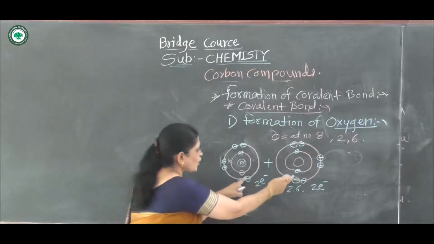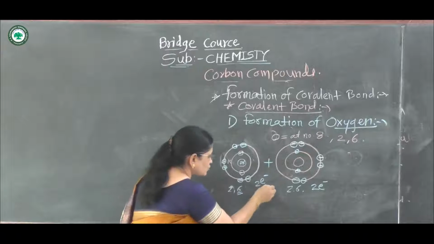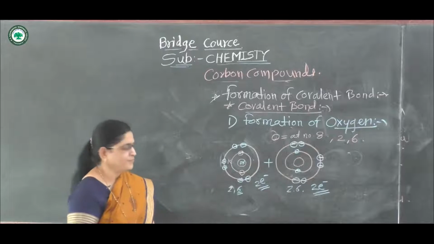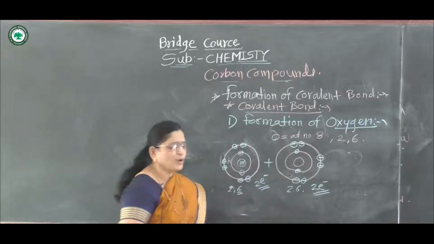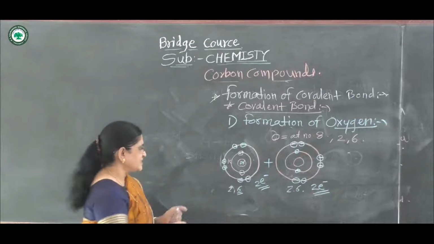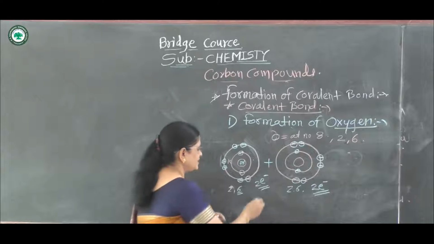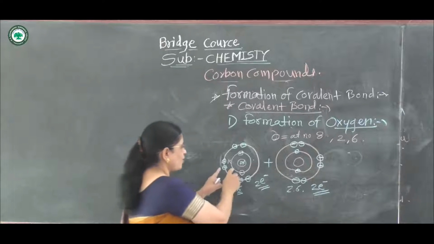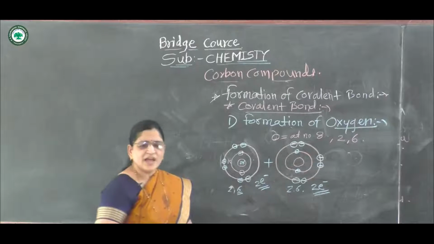That means both oxygen atoms require 2 electrons to complete their octet. Hence, these two atoms share 2 pairs of electrons for formation of the oxygen molecule.